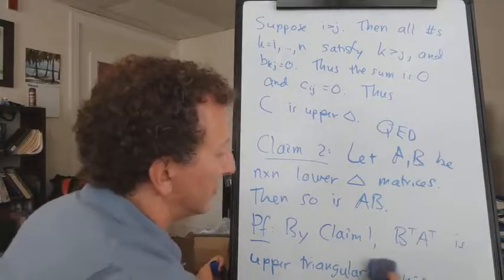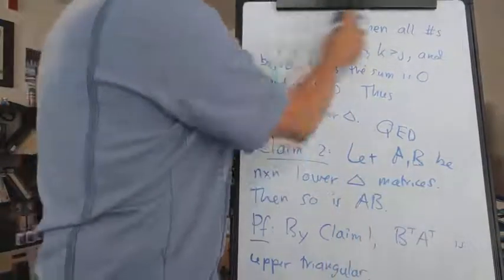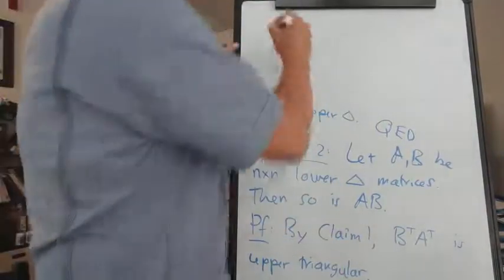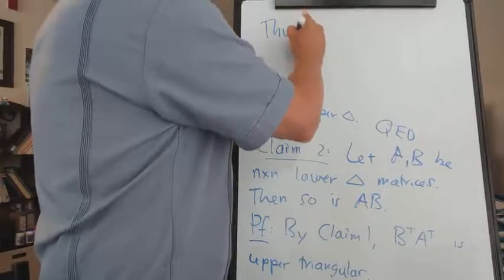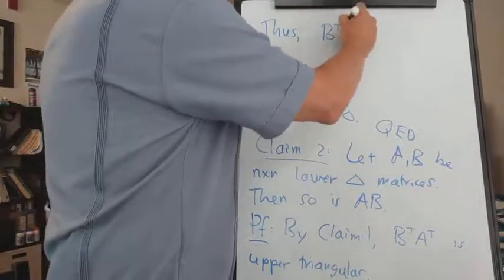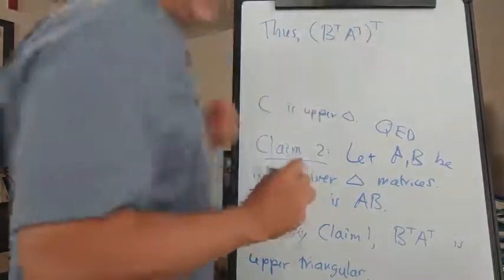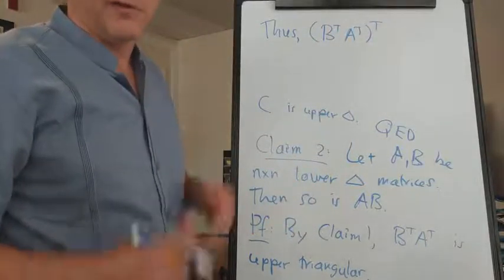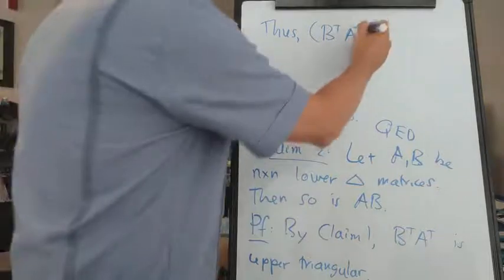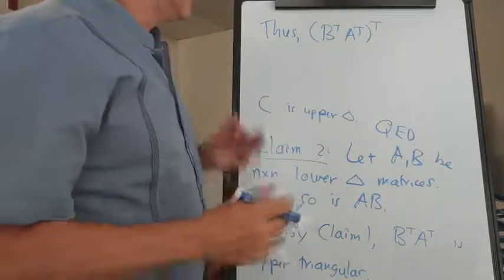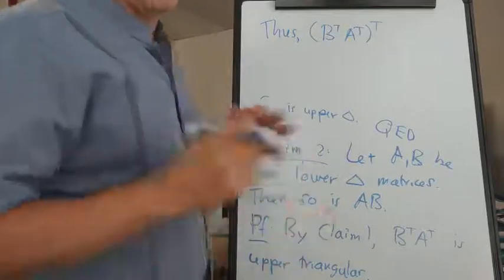Thus, if we take the transpose of B transpose A transpose, now remember when we take the transpose of a product, it's the product of the transposes but in the wrong order.